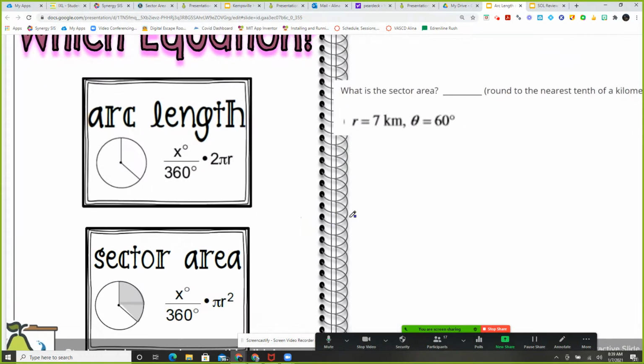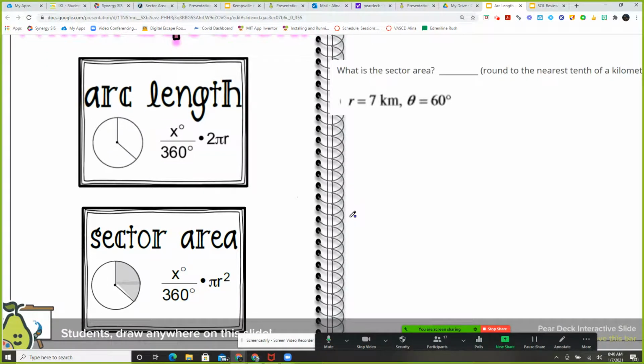What about this one? How do I set up this formula? I hate lagging computers. So do I use area or circumference? Area.